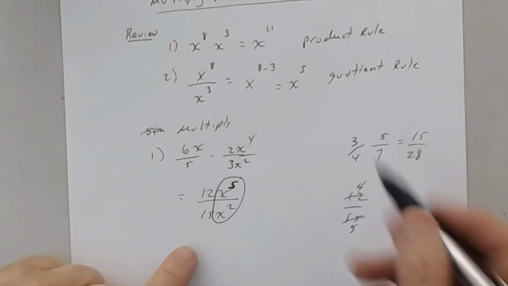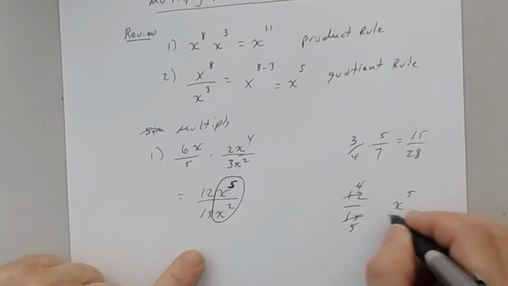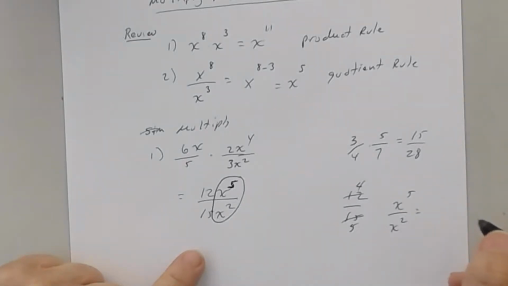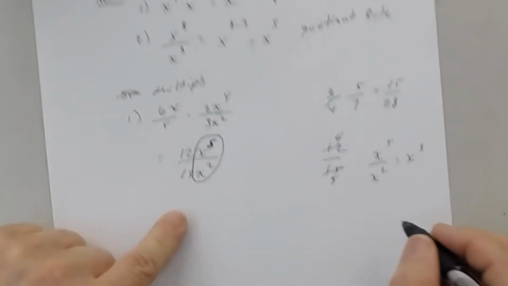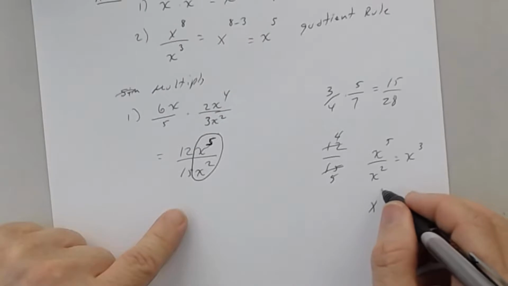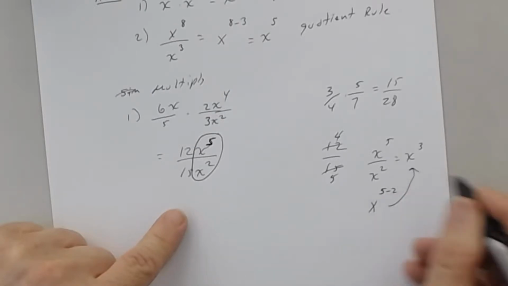We just had a discussion a while ago. What is x to the 5th divided by x squared? X to the 3rd. When you divide like bases, you do what to the exponents? You subtract. So you're really saying x to the 5 minus 2, which is x cubed.